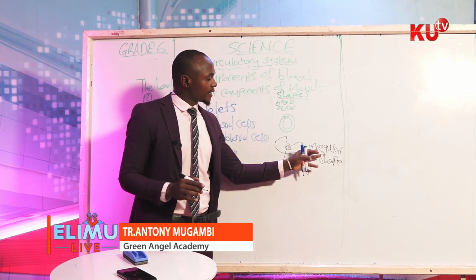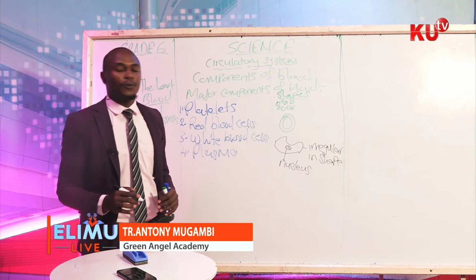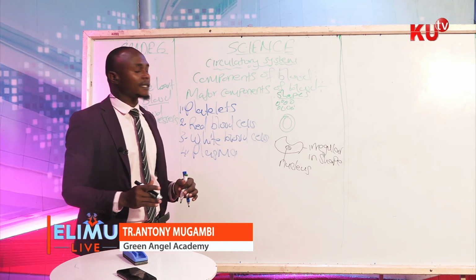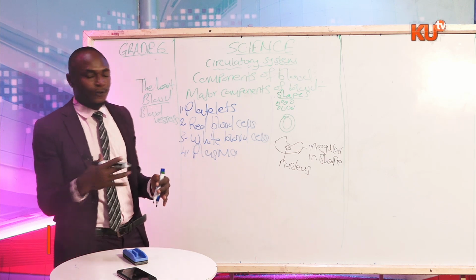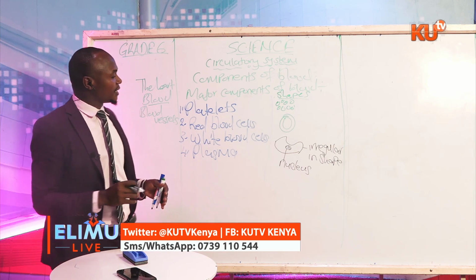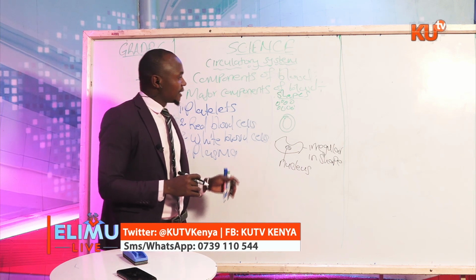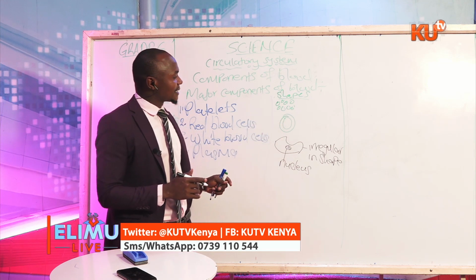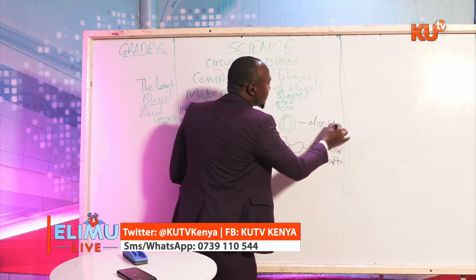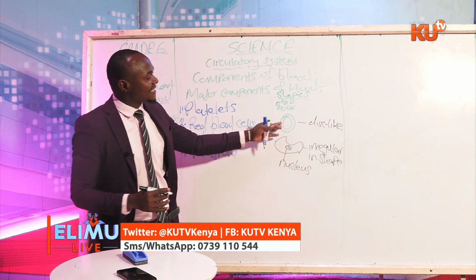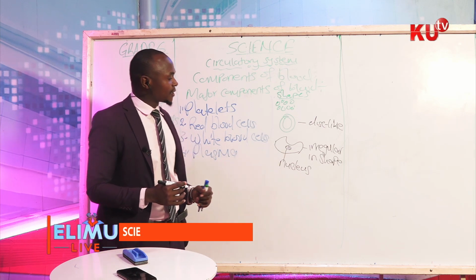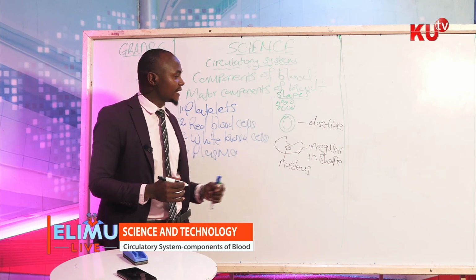When we talk of irregular in shape, we mean that the shape of white blood cells keeps on changing from time to time. So it doesn't have a definite shape. In red blood cells, it's disc-like in shape, and inside it doesn't have a nucleus, unlike in the white blood cells where we have a nucleus inside.